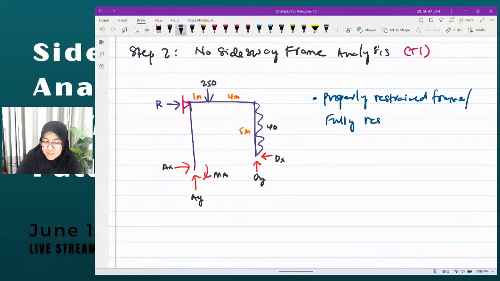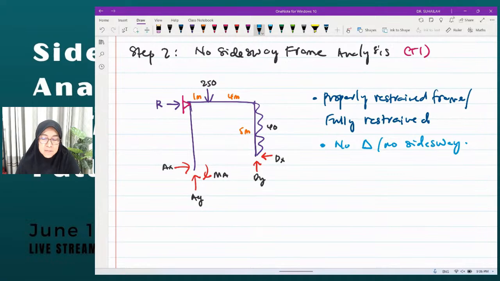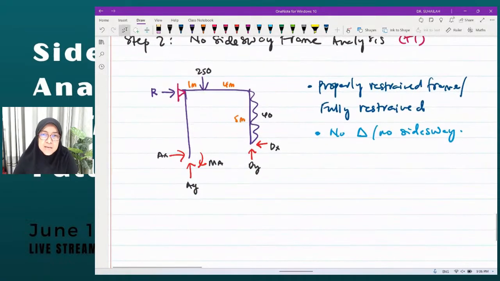Fully restrained means no SIDESWAY, no delta, because delta has been removed by putting an artificial support at B.